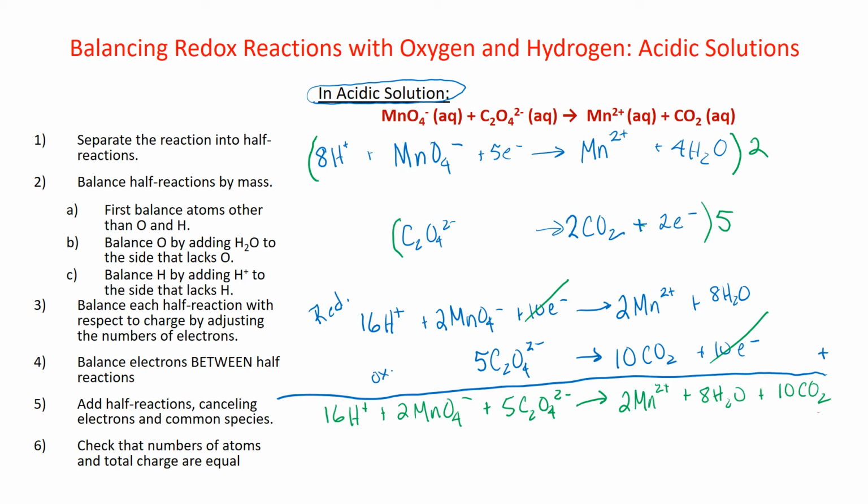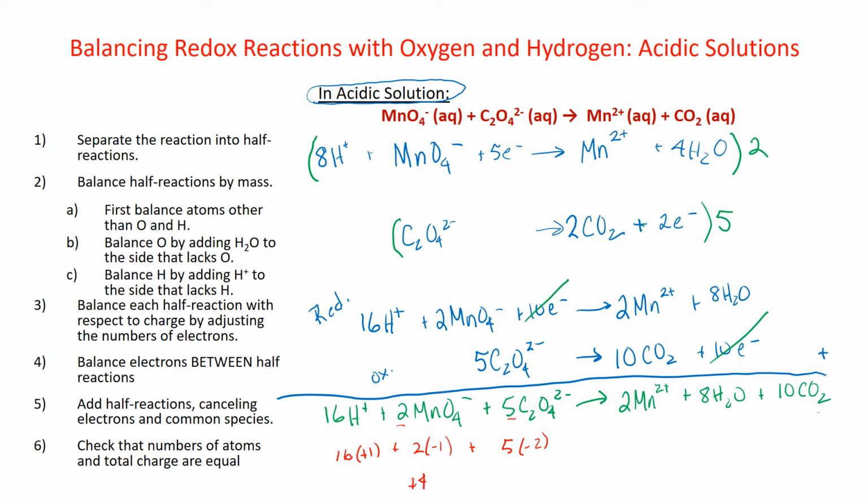So that's 16 times +1, my charge, plus 2 times that -1 charge, so 2 times -1, plus 5 times that -2 charge. Okay, positive 16 plus -2 plus -10 gives me a total charge on this side of +4.